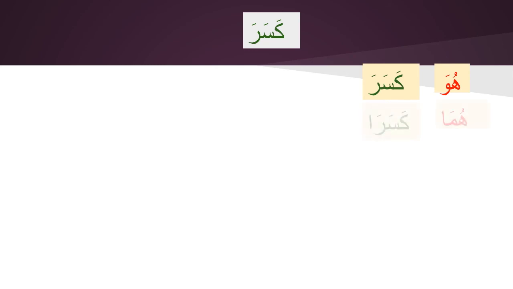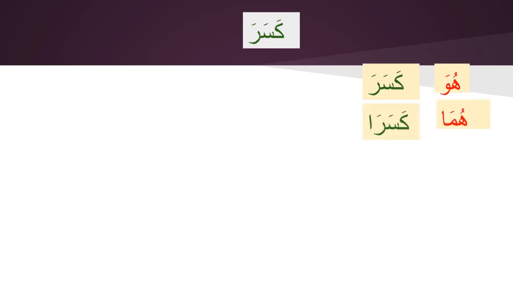And then what we're going to do is practice fi'l madi as well. So we conjugate a full huwa, huma, hum, hiya, huma, hunna, anta, antuma, antum, anti, antuma, antunna, ana, nahnu. So huwa kasara. Kasara means he broke.